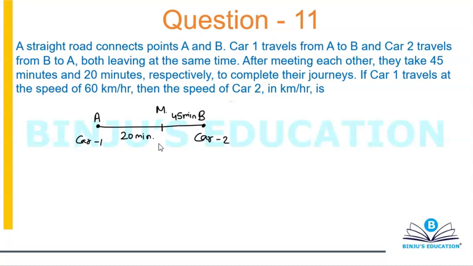Time taken by car 1 to reach from A to M will be equal to time taken by car 2 to reach from B to M. So if car 1 took T minutes from A to M, then car 2 took T minutes from B to M.